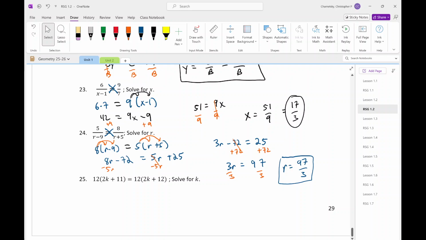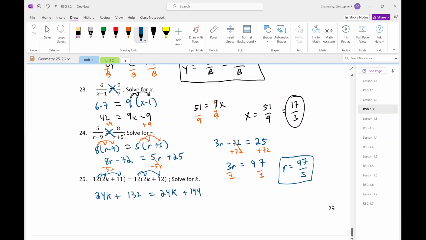Okay, last problem. Let's start by distributing. So 12 times 2k and 12 times 11. So multiply those out. So we get 24k plus 132 equals 24k plus 144.